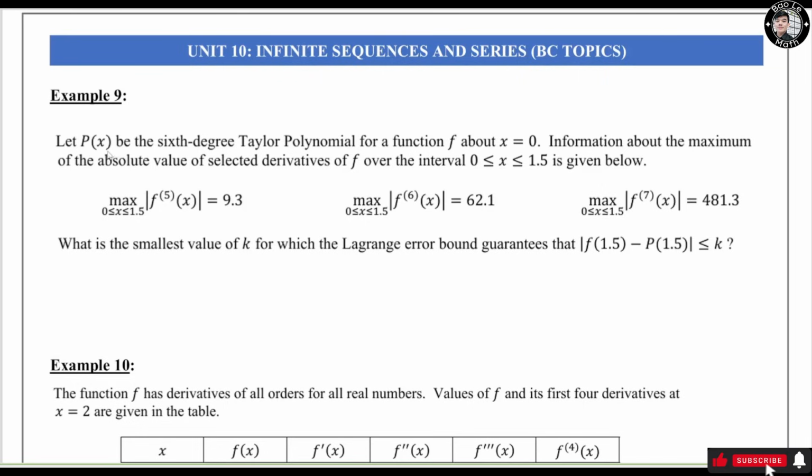Let p of s be the 6th degree Taylor polynomial, so we're going to use r 6 of s, for a function f about s equals 0, so c equals 0. Information about the maximum of the absolute value of selected derivatives of f over the interval 0 to 1.5 is given below.